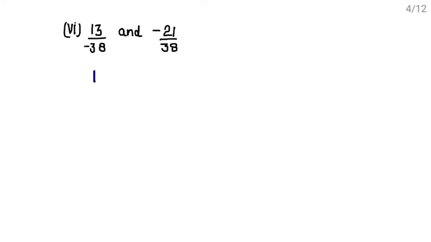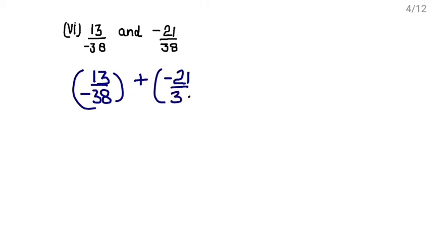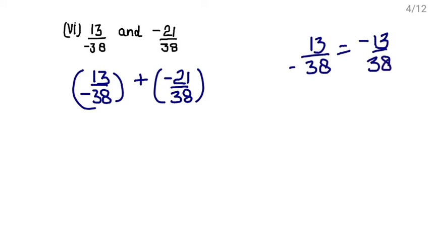Next part is 13 upon minus 38. Add it with minus 21 upon 38. Right? This 13 upon minus 38 can also be written as minus 13 upon 38. So write it here, minus 13 upon 38. Now open this bracket.